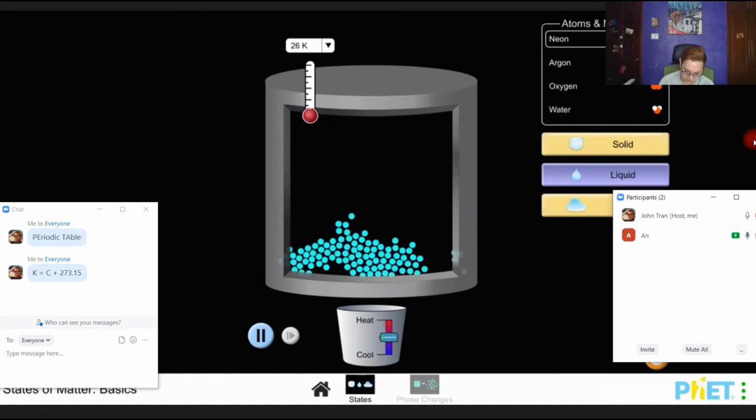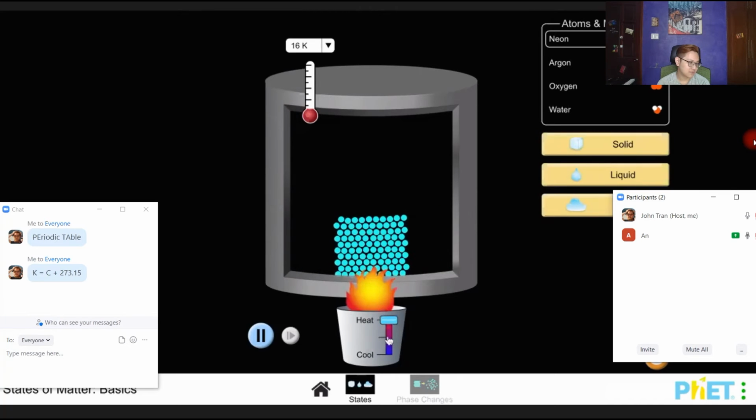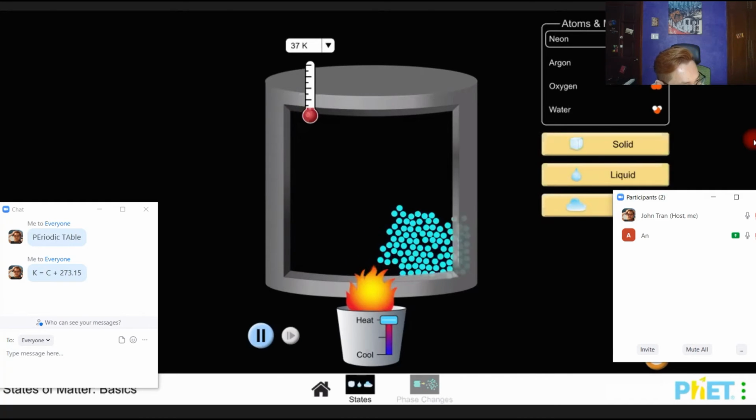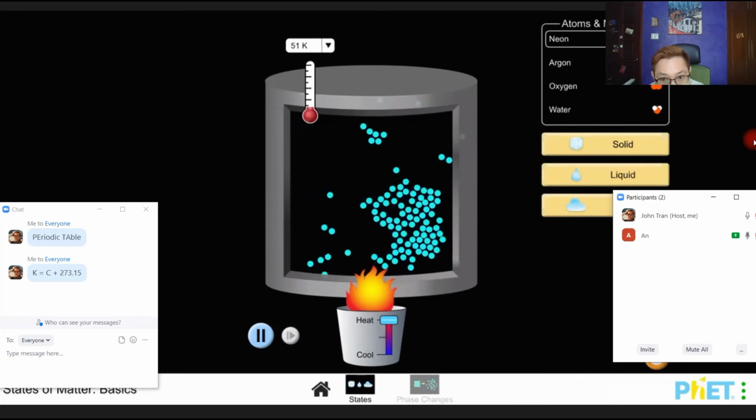As more heat is applied and the temperature is raised to 100 Kelvin, the blue atoms start to bounce off each other and the internal wall of the simulator. So when you heat it up a lot, things start moving slightly and then they start bouncing around.